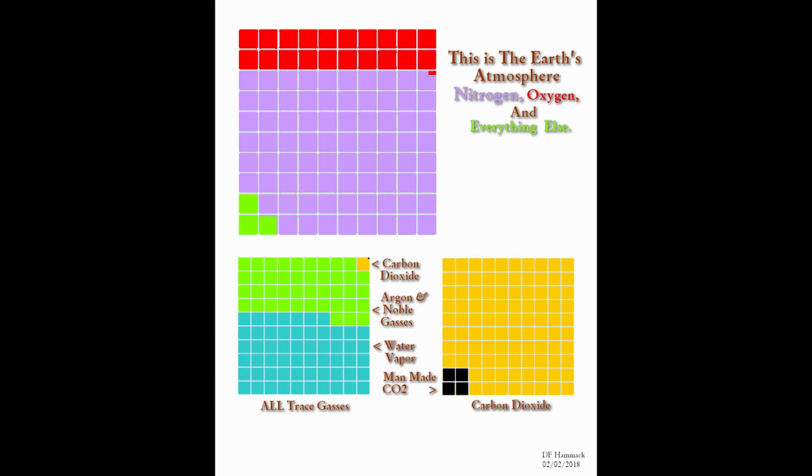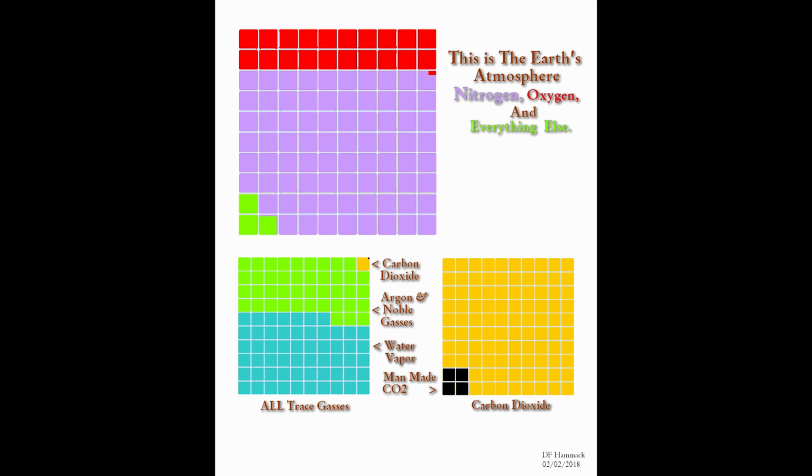Now, if you take that bottom left-hand corner and blow those little squares up into a one square graph, you're going to see the greenhouse gases. These gases comprise carbon dioxide, argon, noble gases, and water vapor, which is the biggest warming gas we have. As you can see from this chart, on the bottom we have the water vapor in the nice pretty blue for water.